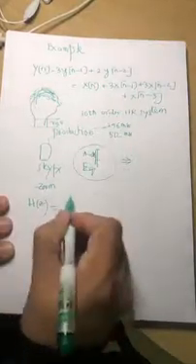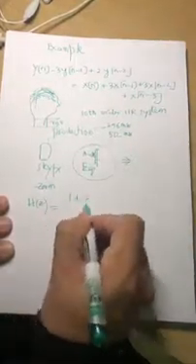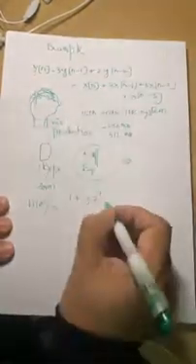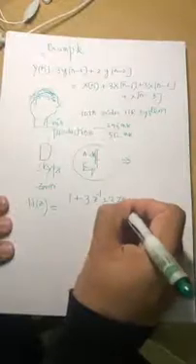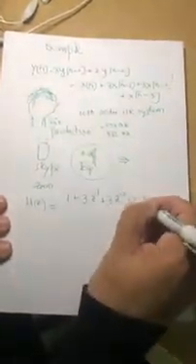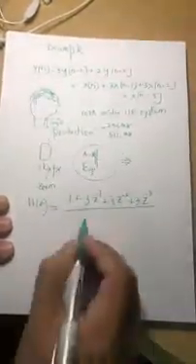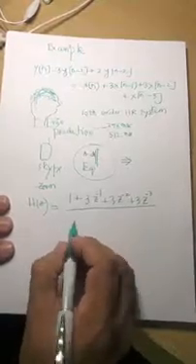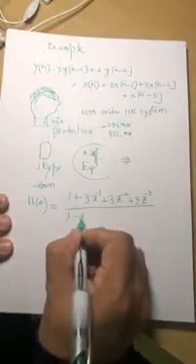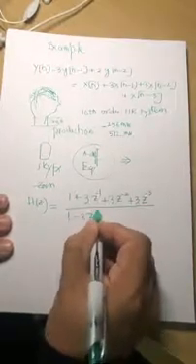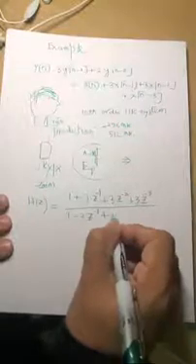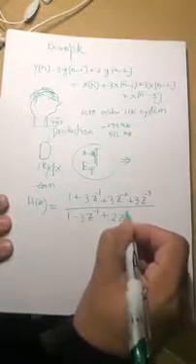So you put the numerator as 1 plus 3z inverse plus 3z to the minus 2 plus 3z to the minus 3, and the denominator coefficients are 1 minus 3z inverse plus 2z to the minus 2.